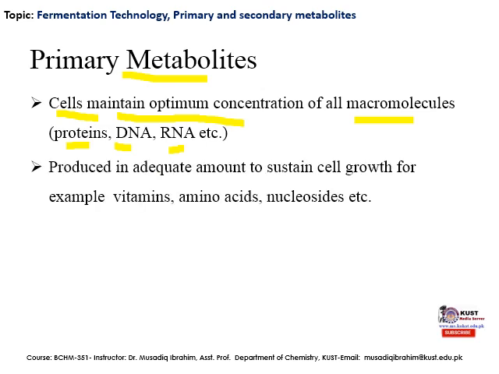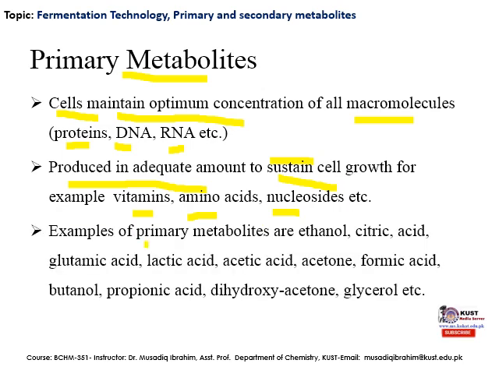Now, these primary metabolites are produced in adequate amount to sustain the cell growth. For example, the vitamins, the amino acids, the nucleosides are the primary metabolites, and they are needed for the sustained growth of the microbial cells.